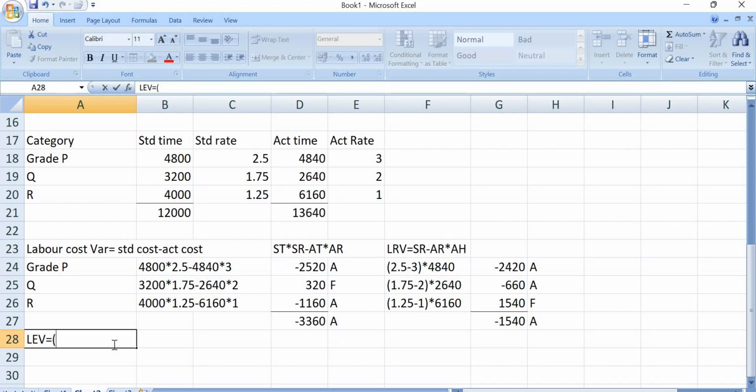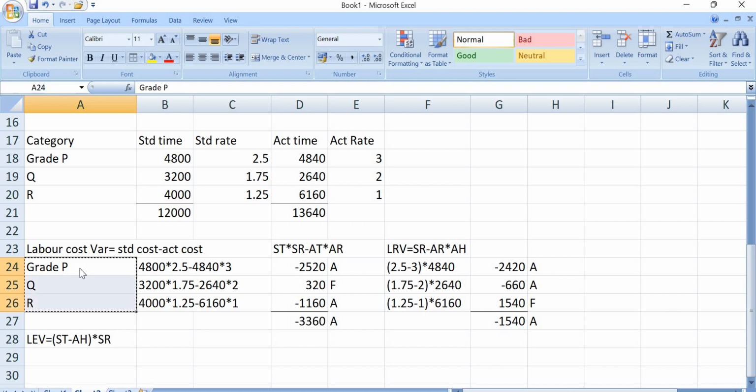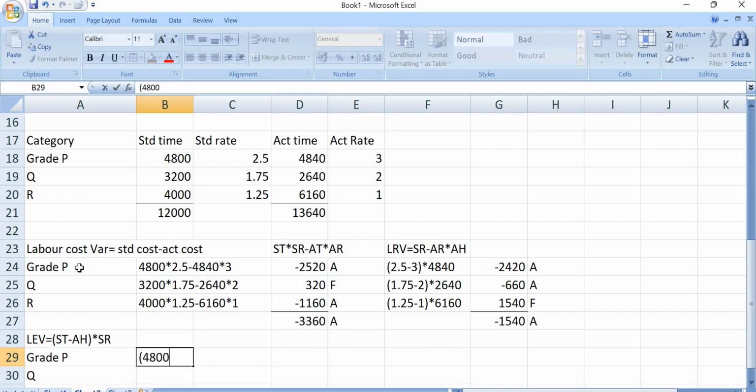So we will be calculating first standard time or standard hours, whatever you can use, minus actual hours into standard rate. Okay, so here the standard hours is 4800 minus 4840.